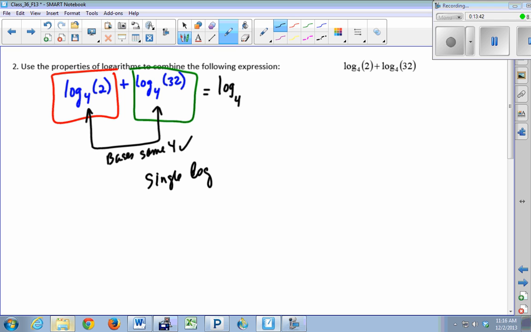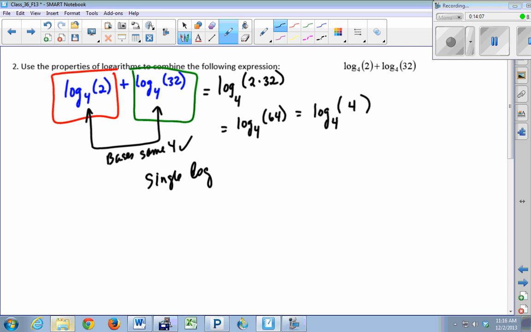When I multiply. So you just multiply 2 times 32. You simplify 2 times 32 and call it 64. And now your job is to find the answer to that, log base 4 of 64. So this is where knowing a little bit of multiplication is helpful. You have to figure out, can you write 64 as 4 to some power?